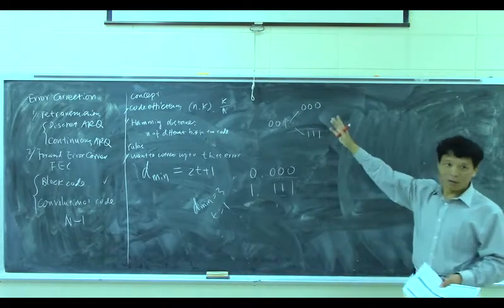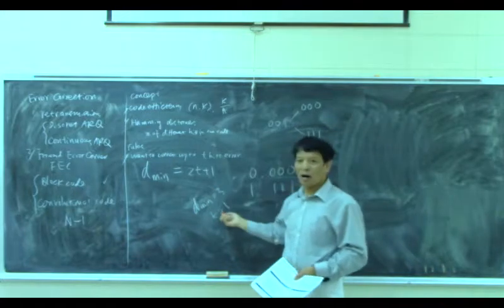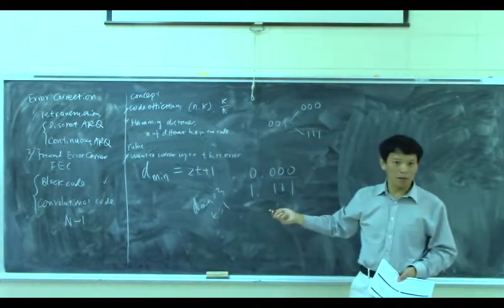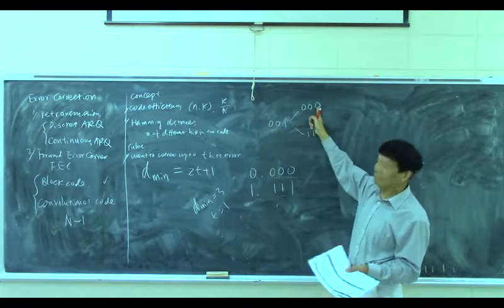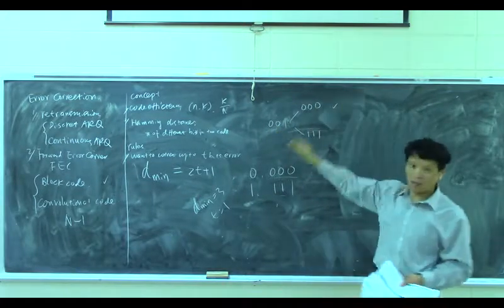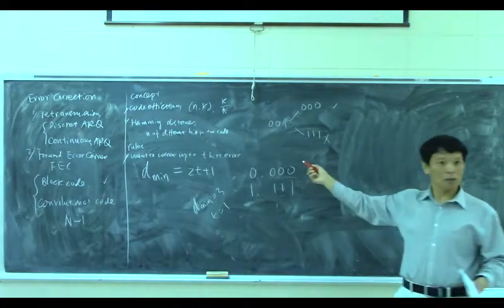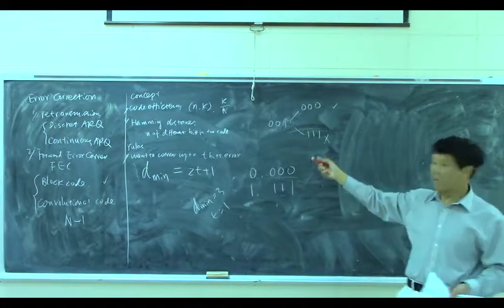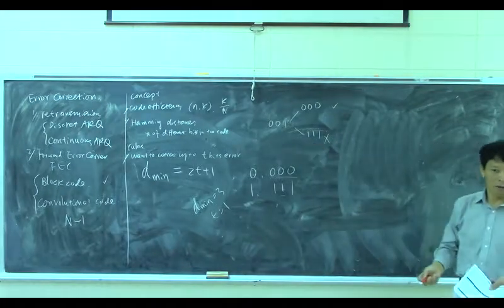So both work. The capability is you can only correct up to 1 bit of error. In this case, you would need to correct 2 bits, and this one is only 1 bit. So this one, based on our rule, is correct. This one is possible, but we don't know. We cannot decide this is correct because there are too many errors.